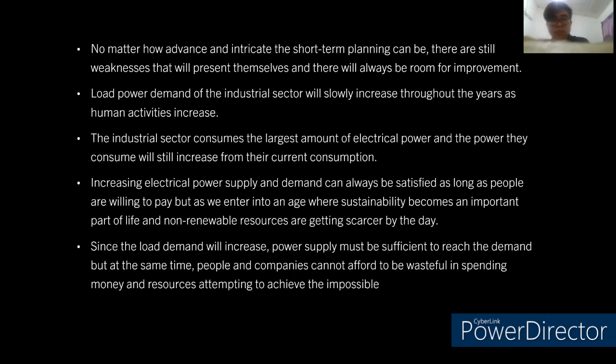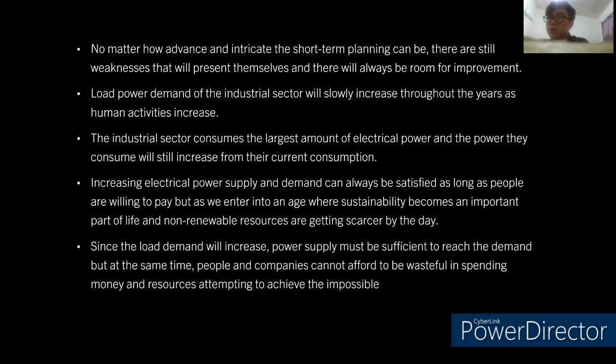In the past, increasing electrical power supply and demand could always be satisfied as long as people were willing to pay. But as we enter into an age where sustainability becomes an important part of life and non-renewable sources are getting scarcer by the day, long-term future planning is needed for transformers and cables that make up the industrial power network system to extend their lifespan and provide an even longer service time before needing replacements.